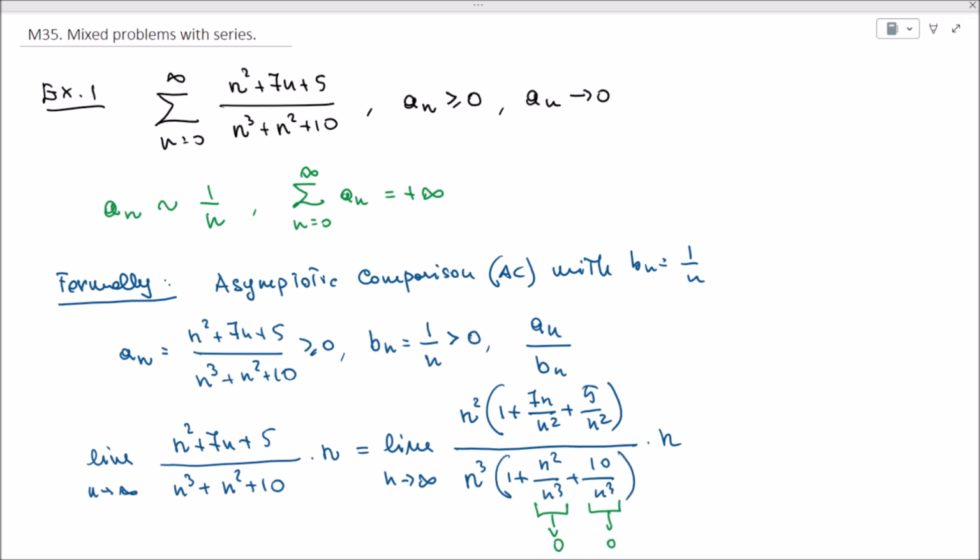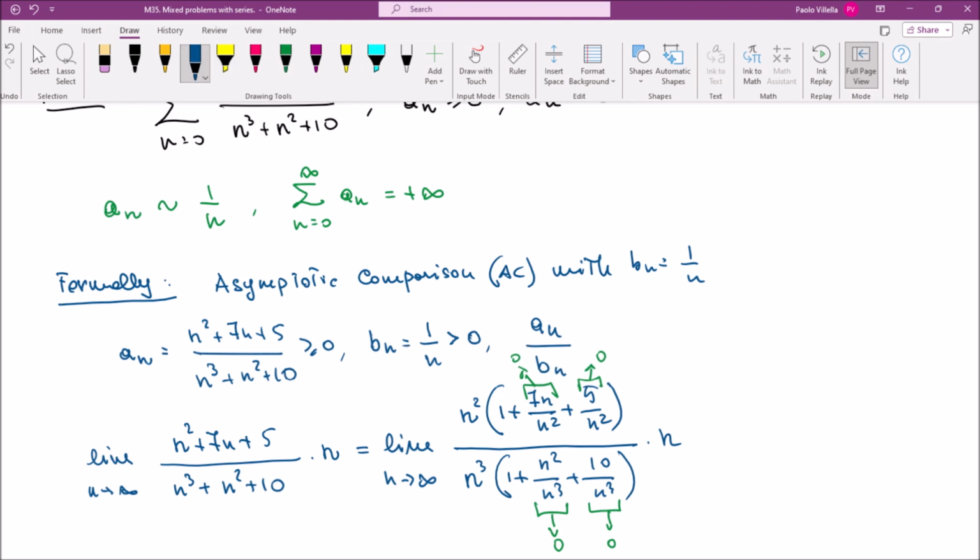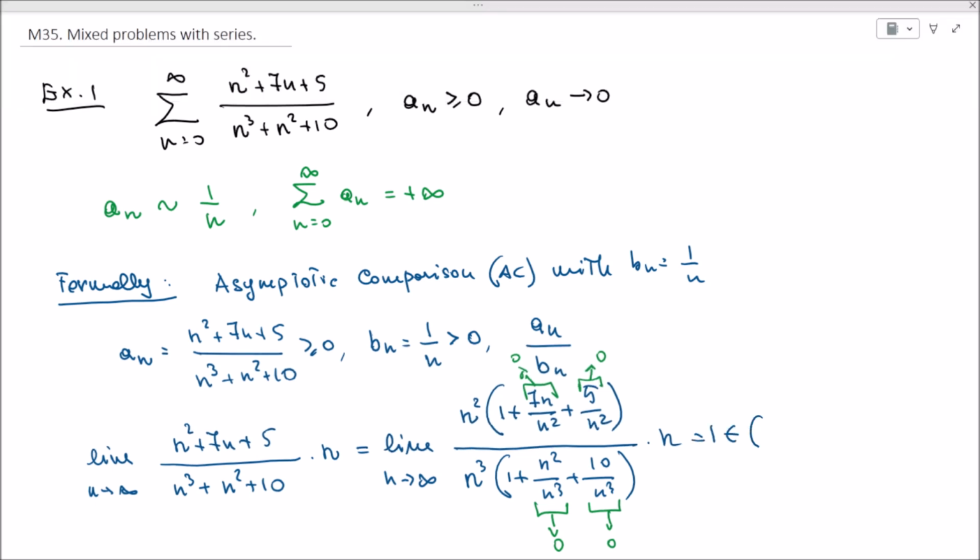Simplifying, we see that this limit is indeed 1, which belongs to the interval 0 to plus infinity, so we can conclude that the sum of a_n will diverge, or if you like, we can write plus infinity.